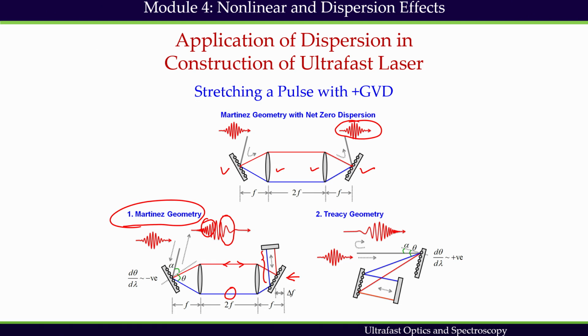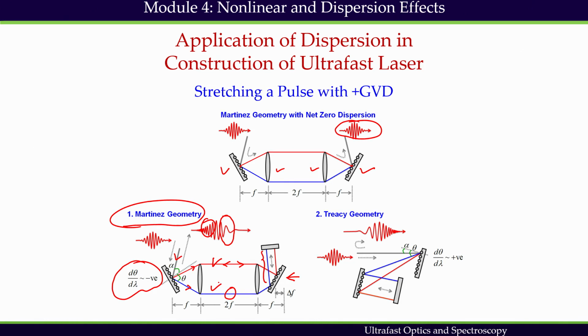And we know that this d theta d lambda is going to be negative because the input beam and diffracted beam are on the opposite side of the surface normal, and that's the reason why this red path should be here and the blue path should be here.